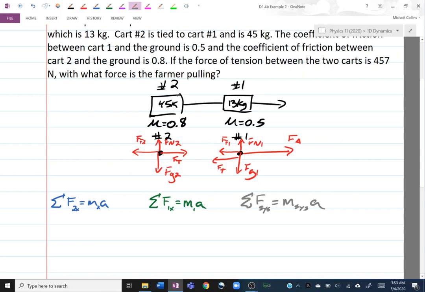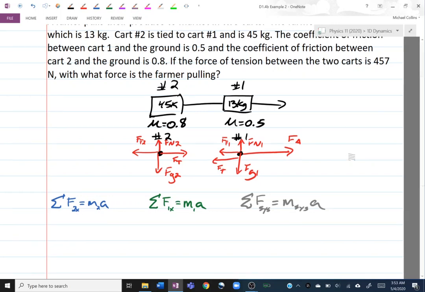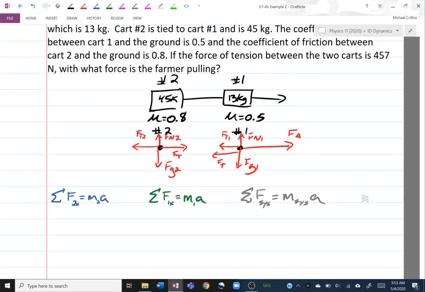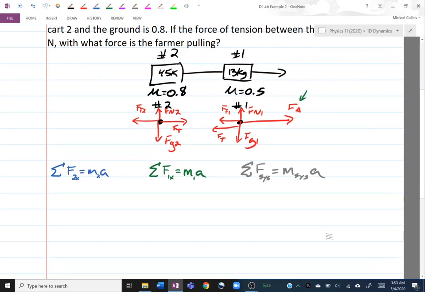So I have to decide which one of these 3 I'm going to start with. The question asks, with what force is the farmer pulling? So maybe I want to start with box 1 because that's what the applied force is.